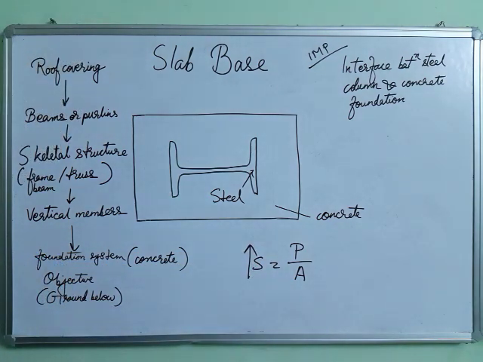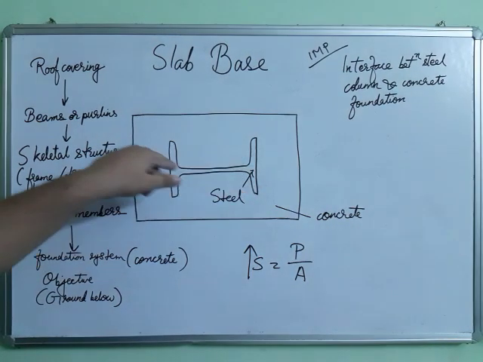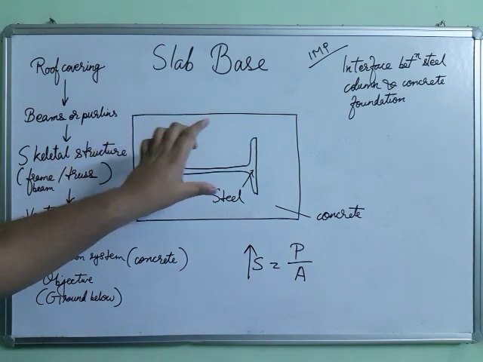So due to the stress, there is a probability that the column will punch through. Therefore, what we try to do is we distribute the load instead of concentrating it on the area of the I section. We try to distribute the load over a larger area.